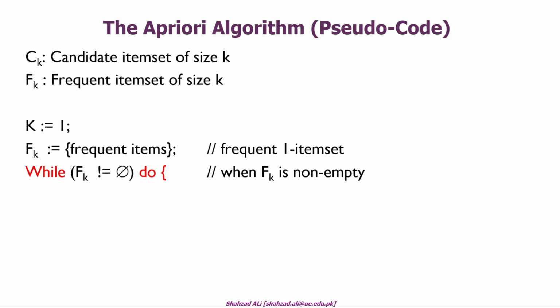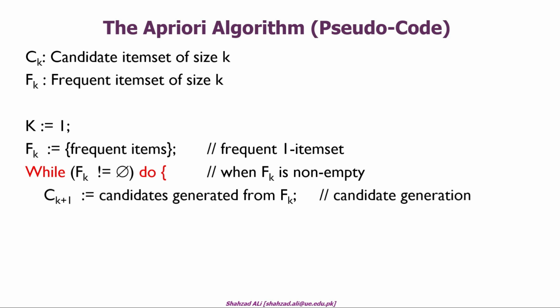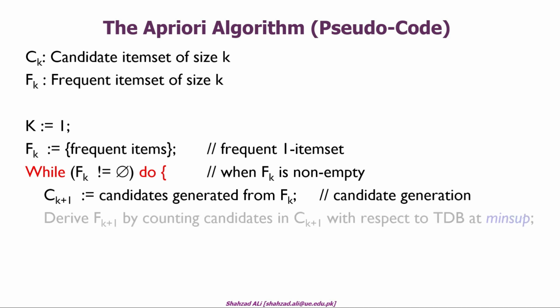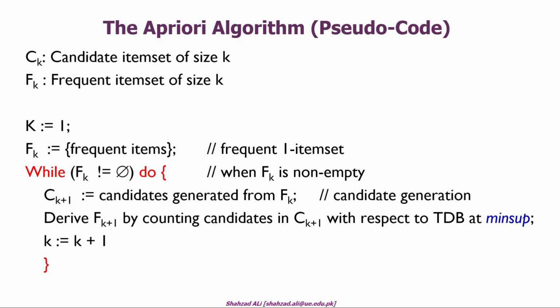Suppose the frequent k item set is not empty, then we get in and we use the kth frequent item set to generate k plus 1 candidate item set. Then go against the database using the minimum support to see which k plus 1 candidate item sets are frequent.